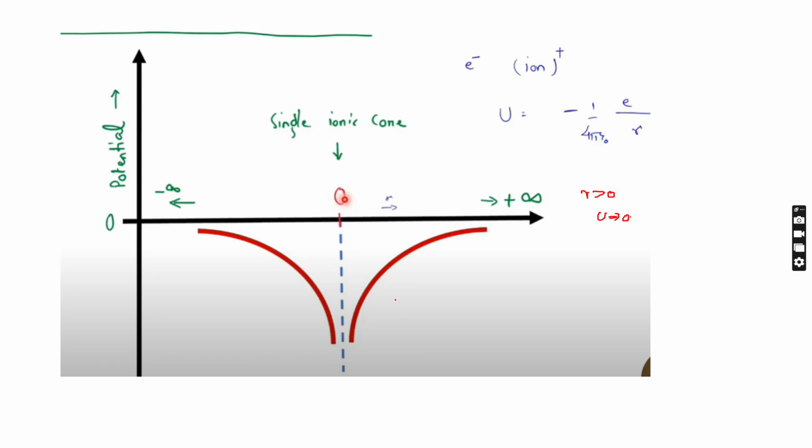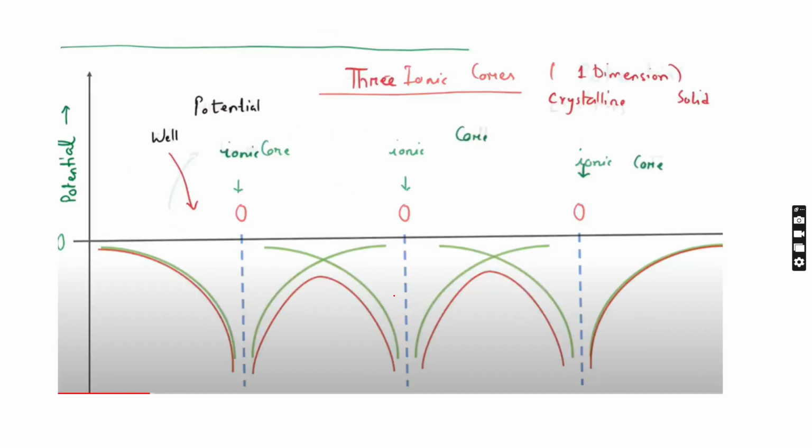That was the case of a single ionic core, but in the case of solids there is a periodic arrangement of ionic cores, so many electrons will be there. Now let us take 3 ionic cores as an example here. For the first ionic core, the potential will be like this.